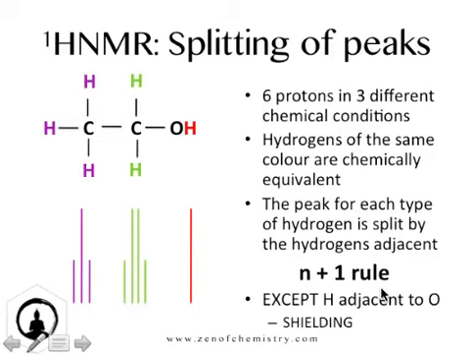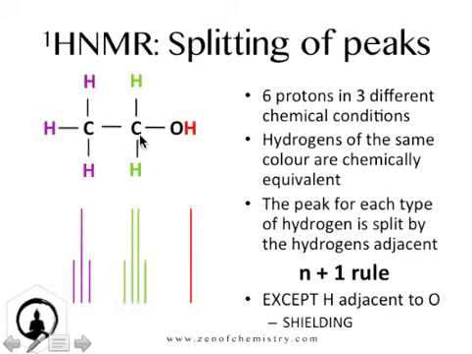Okay, so these 3 hydrogens can talk to these 2 hydrogens, and we use the N+1 rule. So next door to these 3 hydrogens here is 2. So 2 plus 1 will give us 3 peaks for these 3 hydrogens. For these 2 hydrogens, next door is 1, 2, 3 hydrogens. There is a 4th over here, but this oxygen acts as a great big brick wall between this hydrogen and this hydrogen.